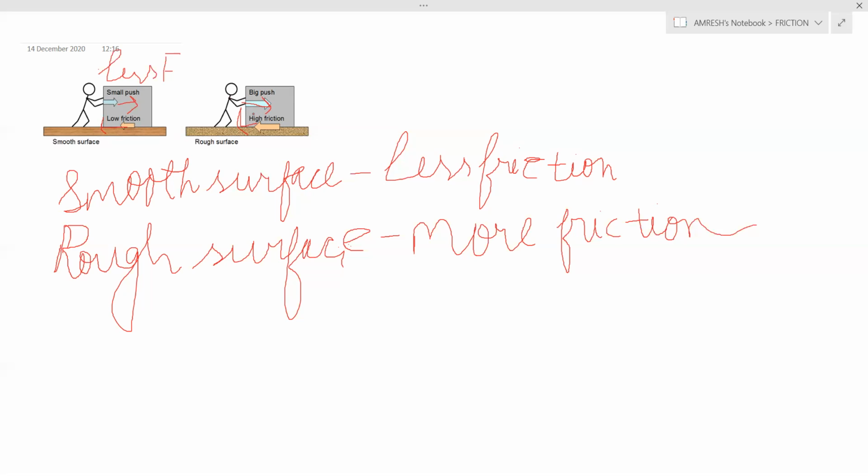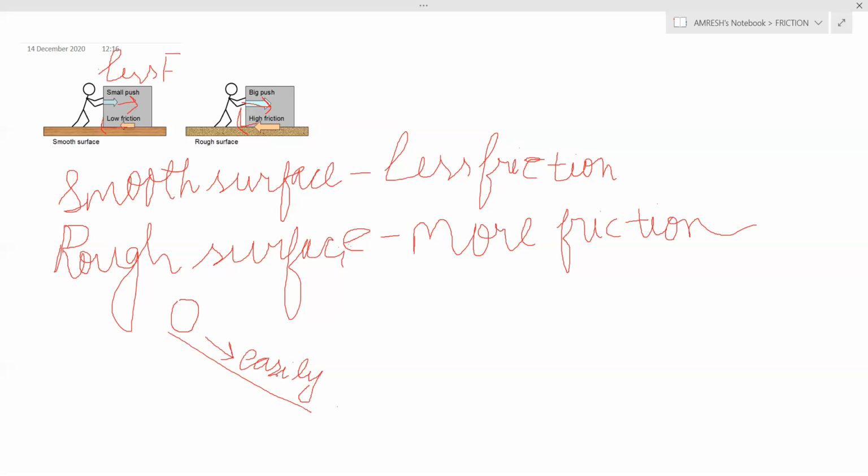For example, if you roll a ball on a smooth surface, it will move very easily. But if you roll the same ball on a rough surface, it will also go, but with lesser speed, because on a rough surface there is more friction.